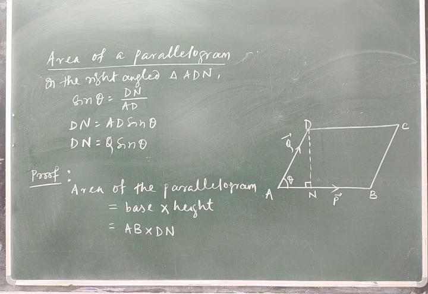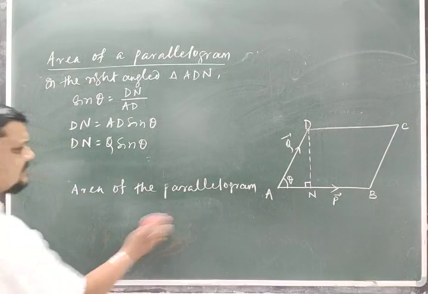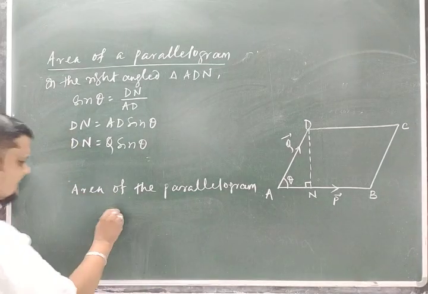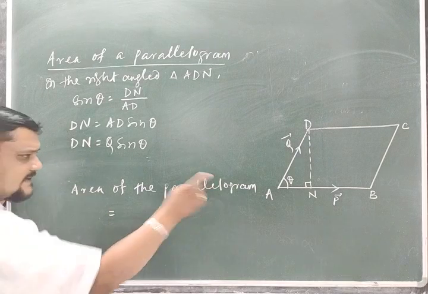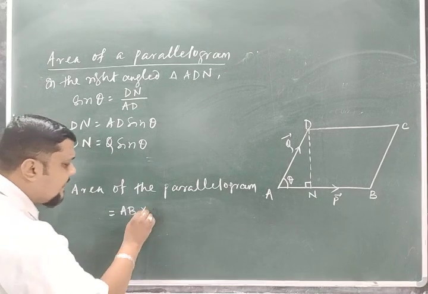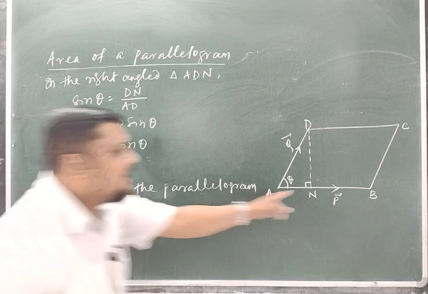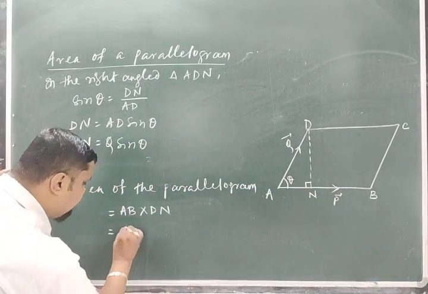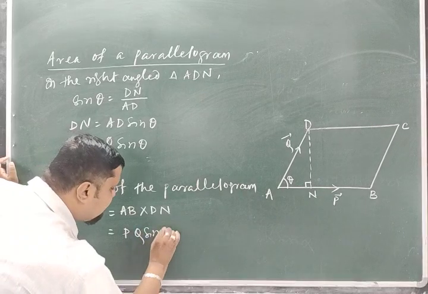So now for the area of the parallelogram. The area of the parallelogram is equal to AB into DN. AB is the magnitude of P, and DN is Q sin theta.